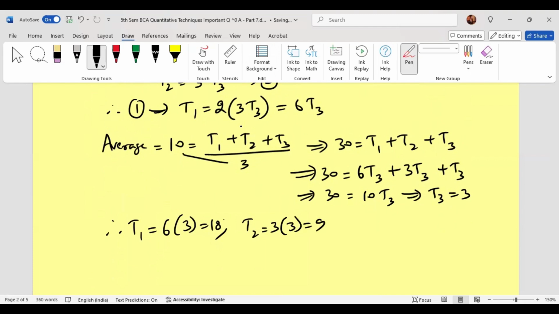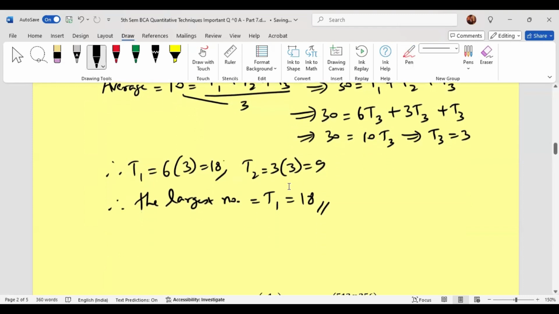We need the largest number, therefore, the largest number is the first number, and that is 18. So that is the solution for this question.